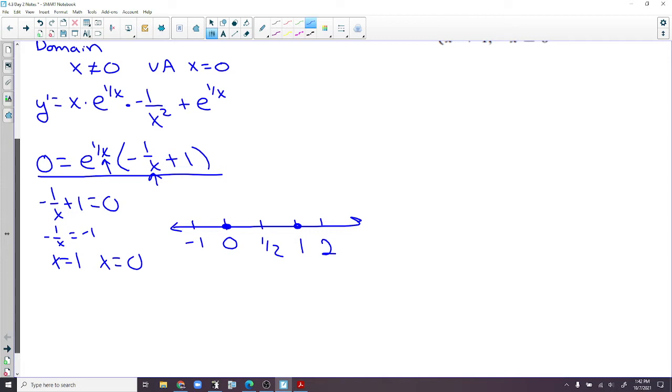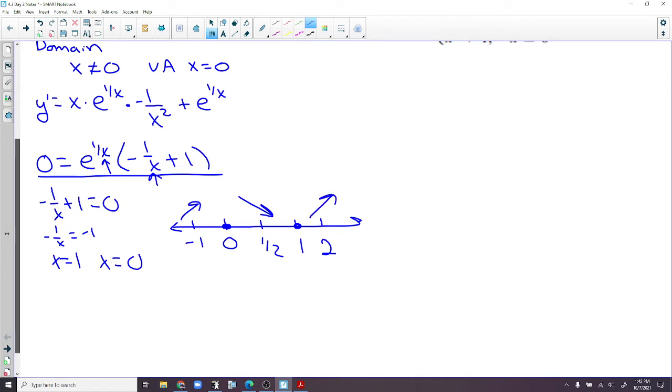So if I plug a negative in there, we have negative, negative 1. 1 plus 1 is 2, so positive. So this function is increasing to 0. Then if I plug 1/2 in there, 1 over 1/2 is 2, so negative 2 plus 1 is negative 1. So this function decreases after 0. If I plug 2 in, negative 1/2 plus 1 is a positive 1/2.